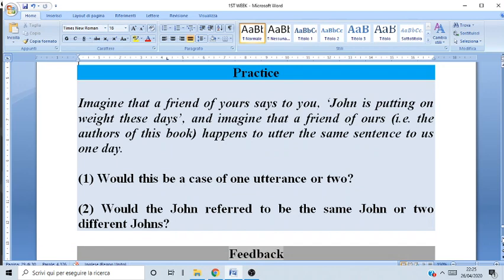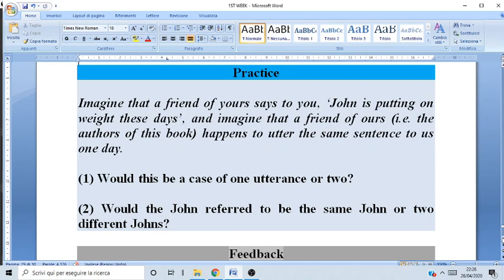Okay, let's go on. Imagine that a friend of yours says to you, John is putting on weight these days. And then imagine that a friend of ours, well, ours, not an inclusive our, but the author's, a friend of the authors of the book, happens to utter the same sentence.